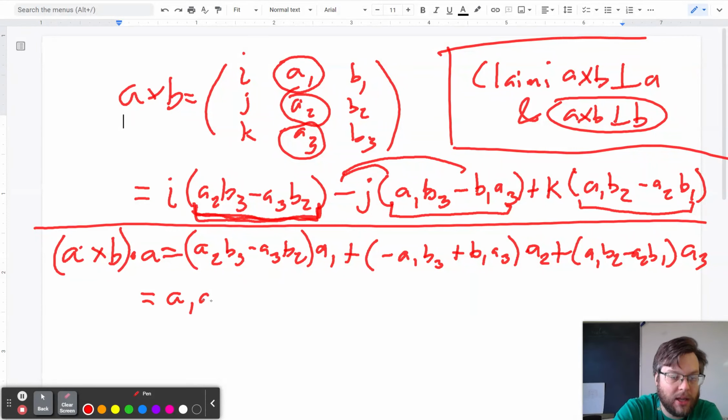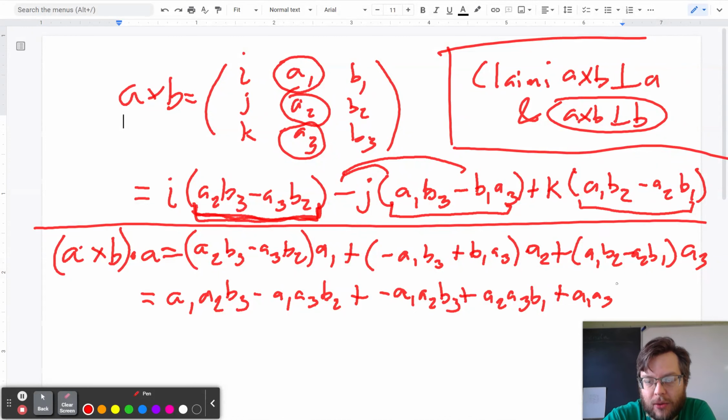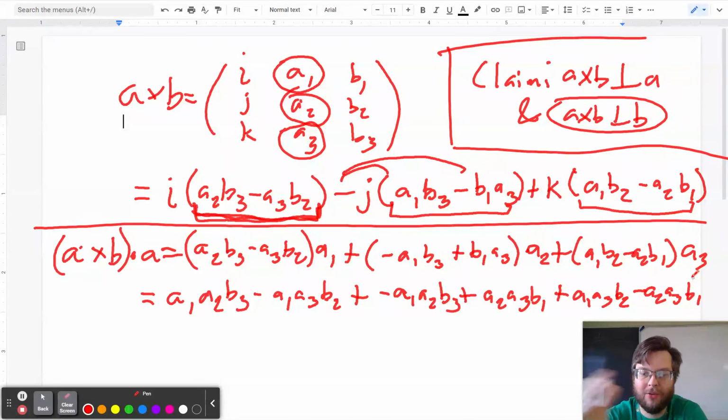A1A2B3 minus A1A3B2, done with the first part, plus, I guess I could have written minus A1A2B3 plus A2A3B1. I'm just putting the A's in front of the B's to make it easier to cancel things in a second. Then I have A1A3B2 minus A2A3B1. And I'm trying to keep them in alphanumeric order.